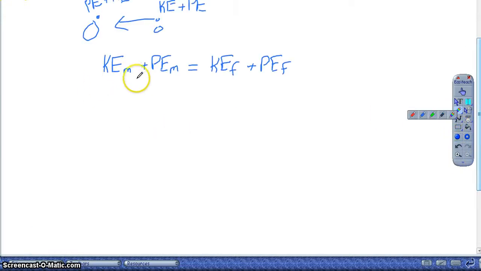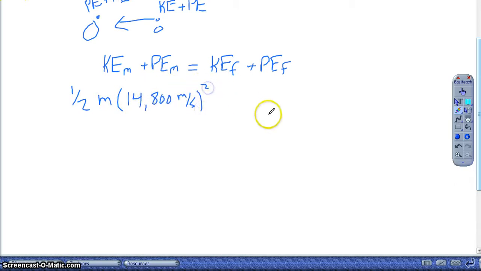So the kinetic energy at the moon's location will be 1/2 the mass of the meteor, which I don't know, but I do know the velocity is 14.8 kilometers per second, so 14,800 meters per second, which obviously I would square because it's kinetic energy. And then plus the potential energy. Keep in mind, as always, when we're dealing with gravitational potential energy, we do need to define this as a negative value.